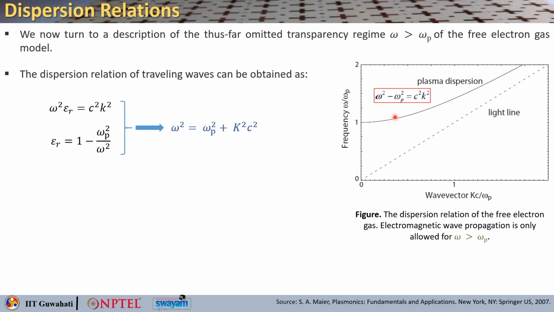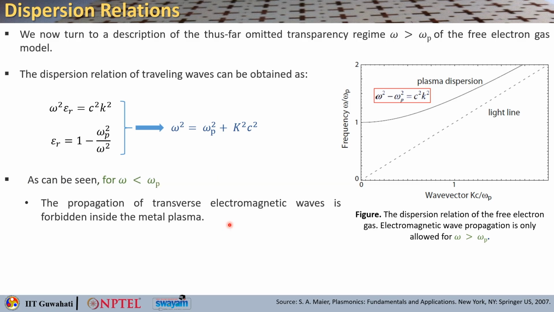This is how it looks like. This is the dispersion relation of a free electron gas, and electromagnetic wave propagation is allowed only for omega greater than omega p. This is for a free electron metal. When you have omega less than omega p, propagation is not allowed.